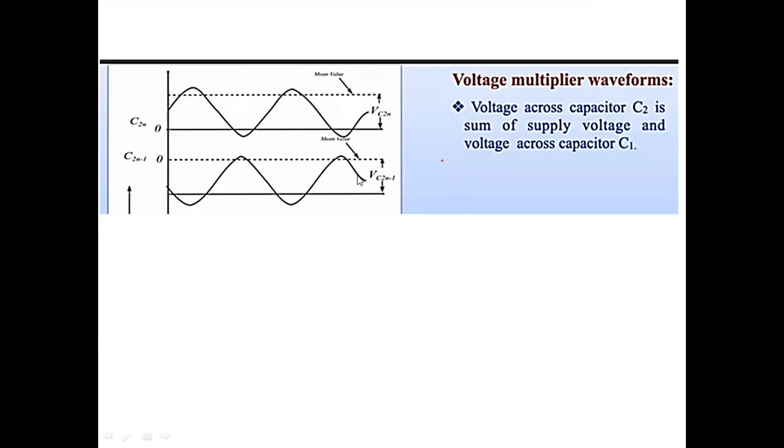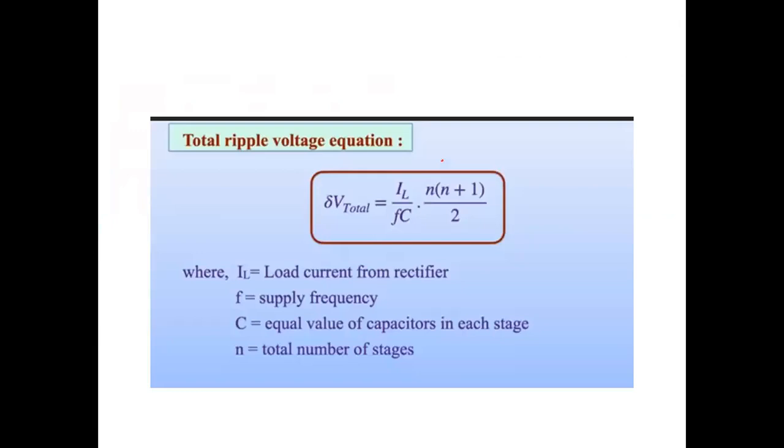You can see that the output is a little bit smaller than the peak value of the input. This is because of some losses. There might also be some ripples in the output voltage, because we will not get a pure sinusoidal.